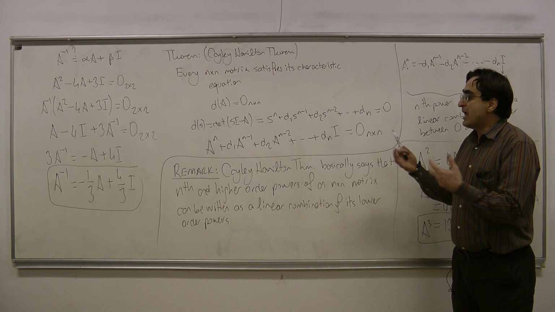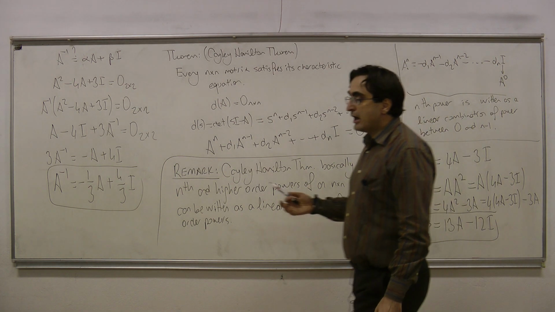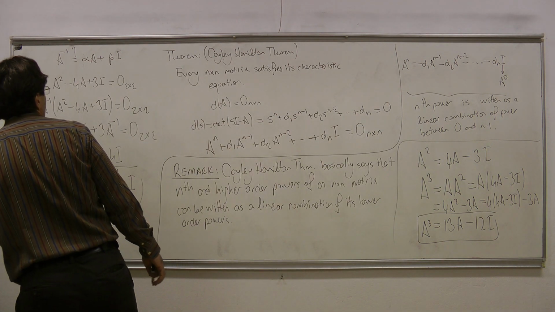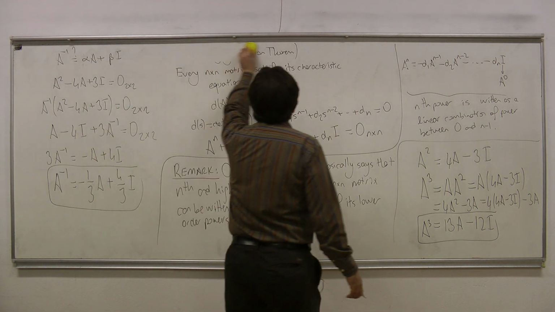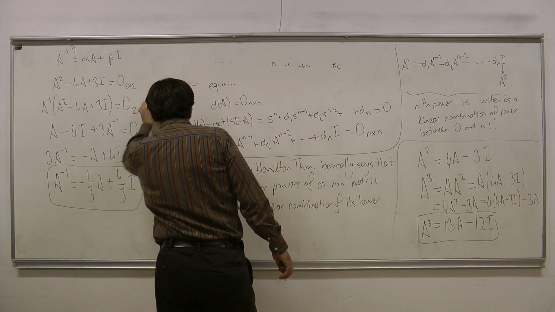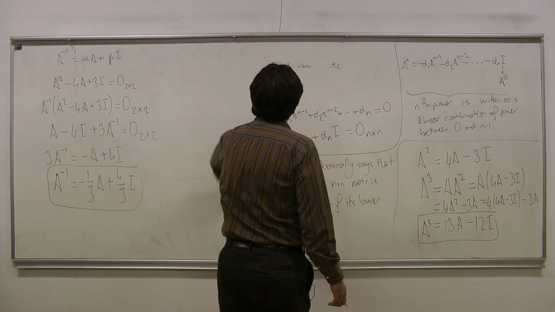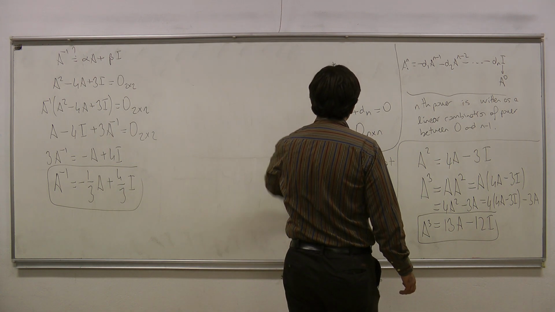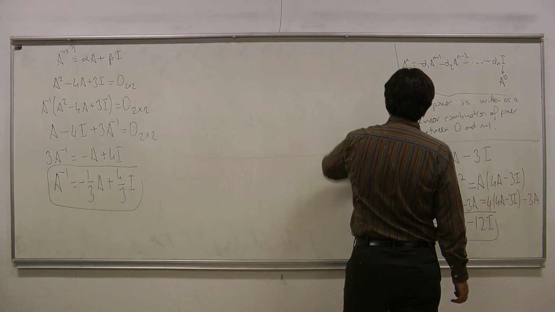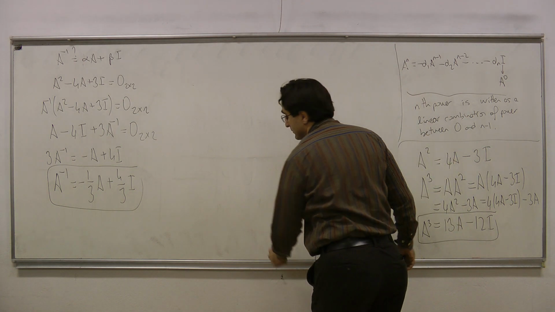And actually any power of a matrix can be written as a linear combination of its powers between 0 and n minus 1. Okay? So this is really a very, very interesting and magical fact about matrices.